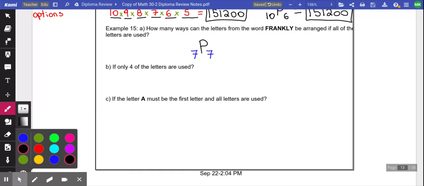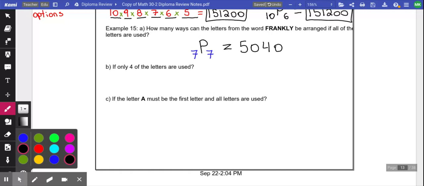If you put that in your calculator, you will get 5,040. That means there's 5,040 ways that you could sort the letters in the word frankly.